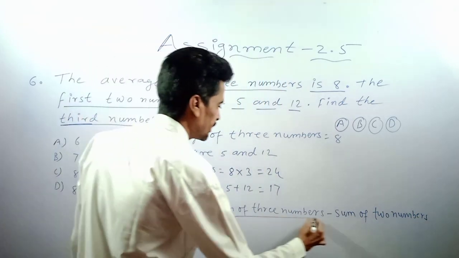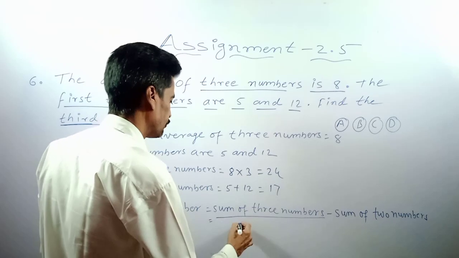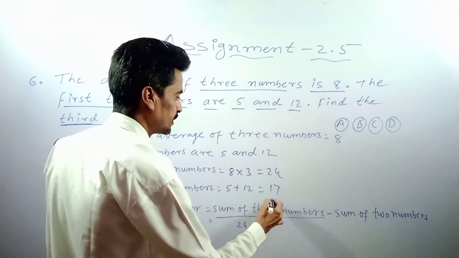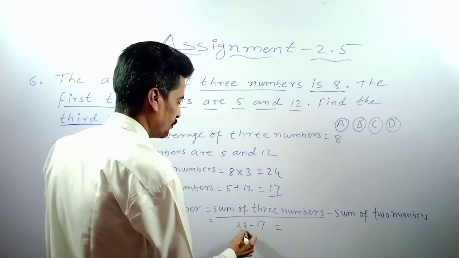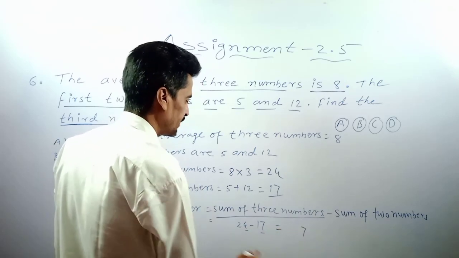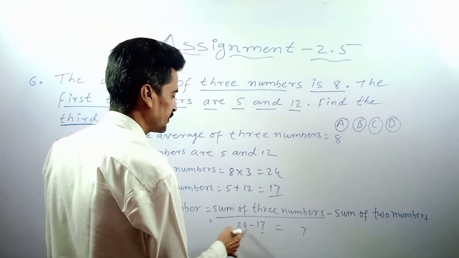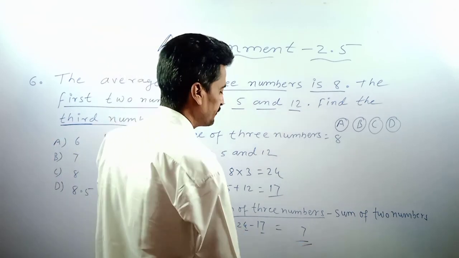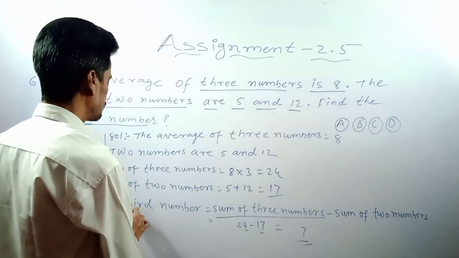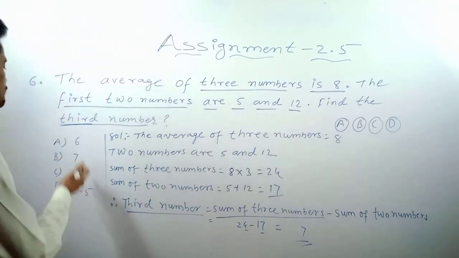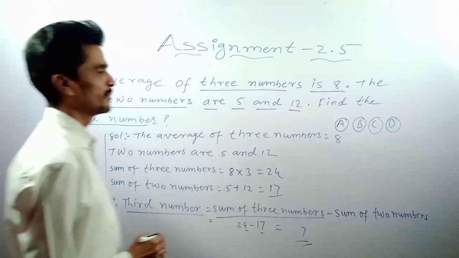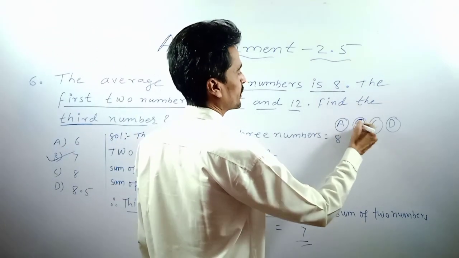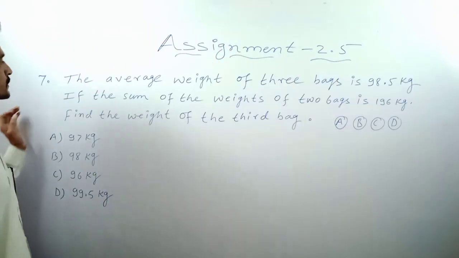What is the sum of 3 numbers? 24 minus sum of 2 numbers 17 equals 14 minus 7 is 7. Borrowed here 1, remain 1, 1 minus 1 is 0. 7 is the third number. So option A 6, B 7. So I am coloring the option number B. Why? Because it is our correct answer option.